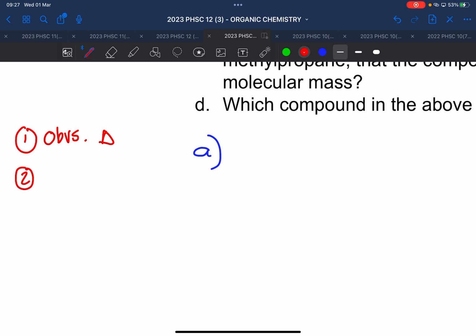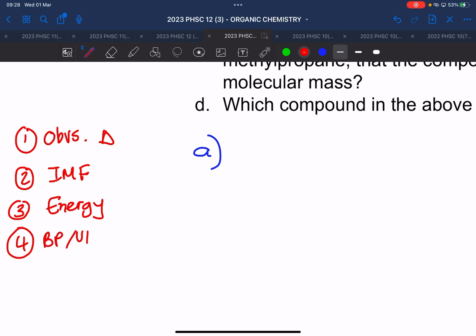Then we want to touch on the intermolecular force. This one has a stronger intermolecular force, this one has a weaker intermolecular force. Then we want to touch on energy. Thus more energy will be needed to overcome, and thus less energy will be needed to overcome. And the last thing is to make your conclusion regarding boiling point or vapor pressure or whatever. So that is our summary of all the points that we must touch.